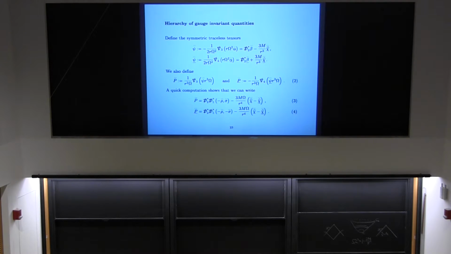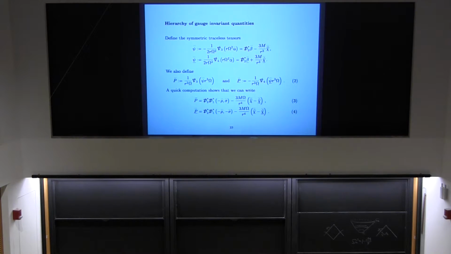For now, you can forget about the right-hand side. The right-hand side is if you're also willing to use the system of gravitational perturbations. But what I'm going to say in the next 10 minutes or so, you can just restrict to the Teukolsky equation without the system of gravitational perturbations.